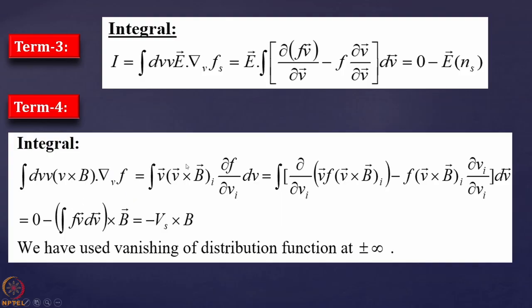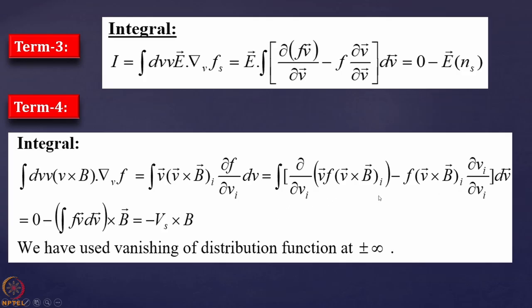We note that this V cross B I doesn't have any VI component. As we have shown in earlier classes, this V cross Bi does not have any Vi component. If so, then we can take that inside, like this, and then we can write it in this manner. So what we are getting now?